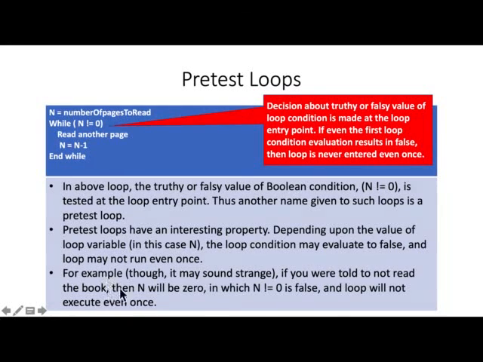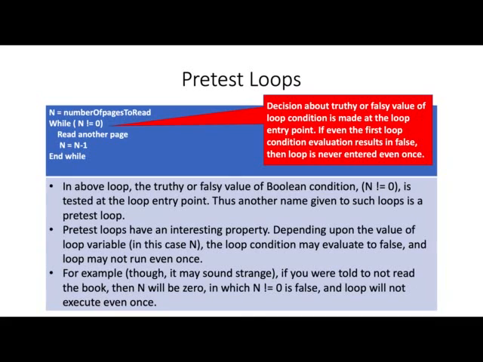Now, for example, though it may sound strange, if you were told not to read a book, then in this case n will be 0. 0 not equal to 0 is false, and this book reading loop will never even be entered. So that's the characteristic of pretest loops.